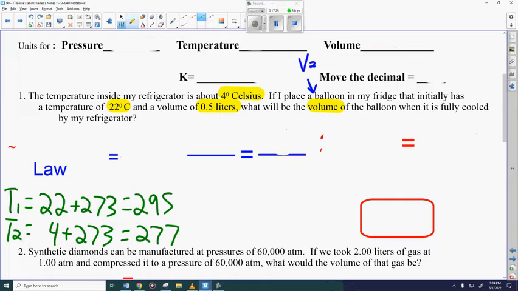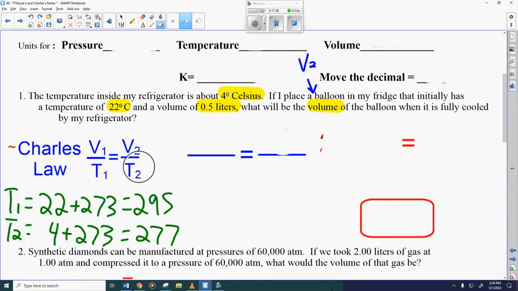Okay, so the law we're dealing with here, which one has temperature and volume? That would be good old Charles' law, the second one we learned about. So we're using this equation: V1 over T1 is equal to V2 over T2. I'm going to start plugging things in. What was my original volume? It was 0.5 liters, that balloon, before I put it into the fridge, at the start of the problem.